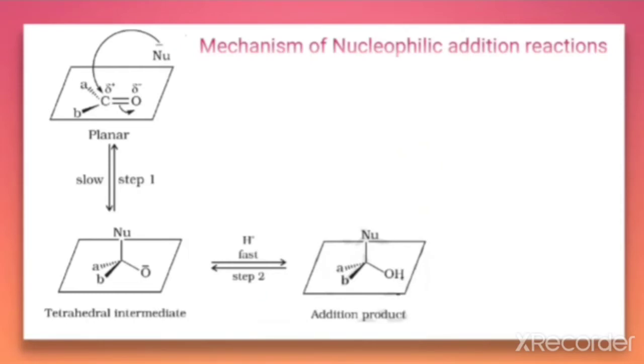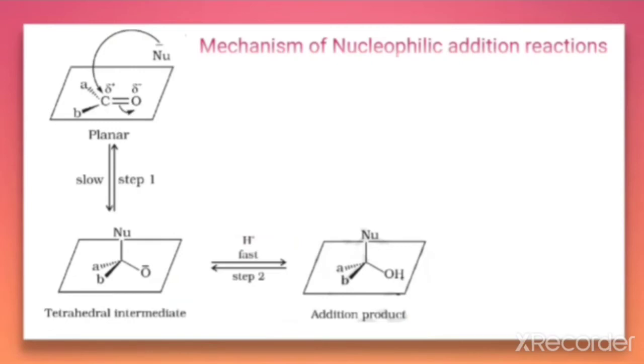You can see the oxygen has a negative charge, so the H positive ion can be easily captured, and it forms the product called the addition product. So now the product is ready. This product has a tetrahedral geometry and is electrically neutral.